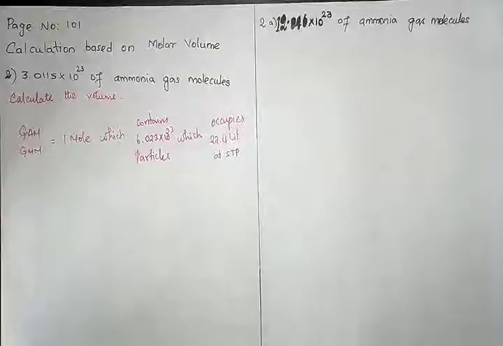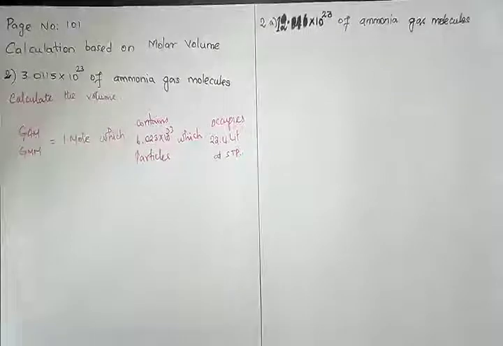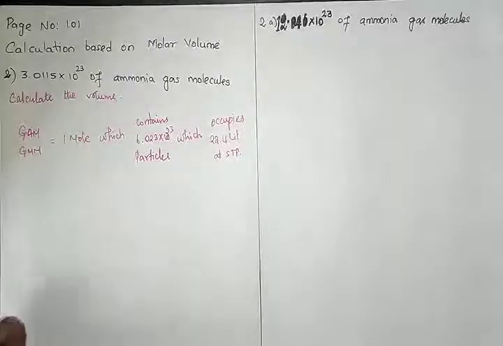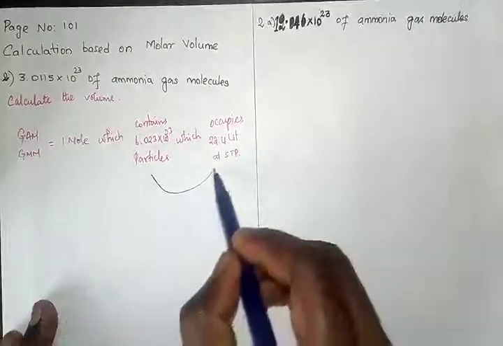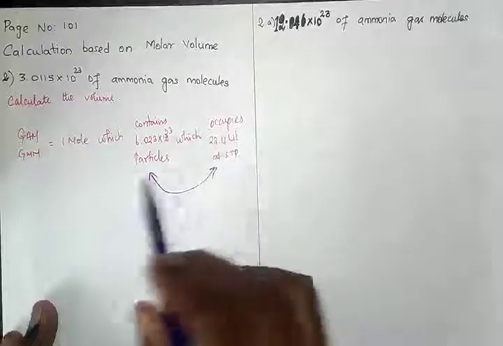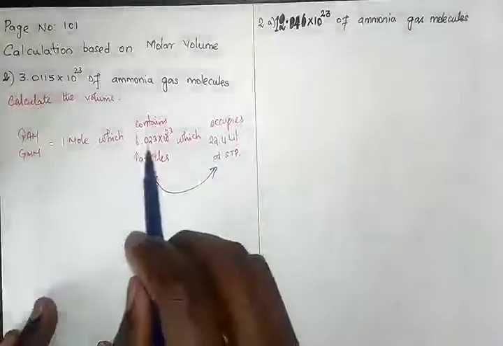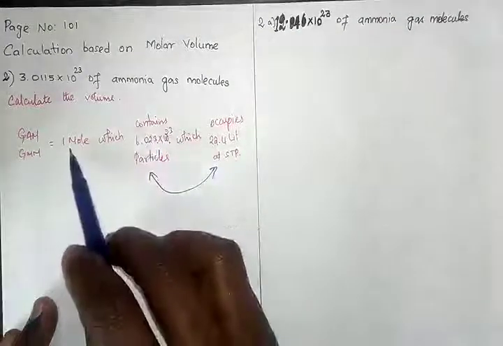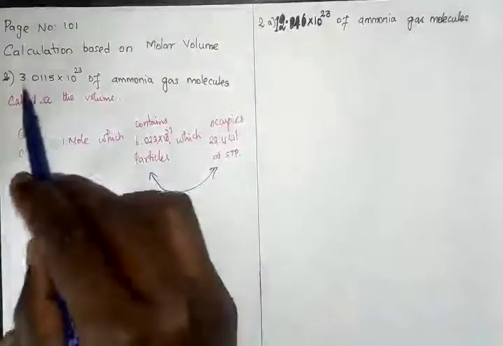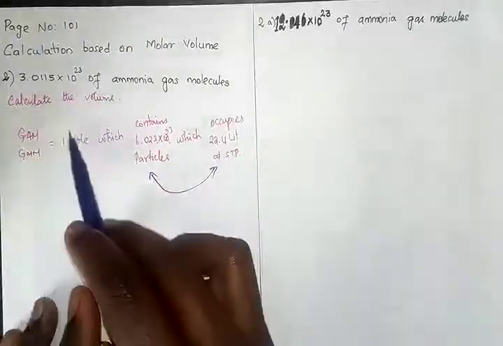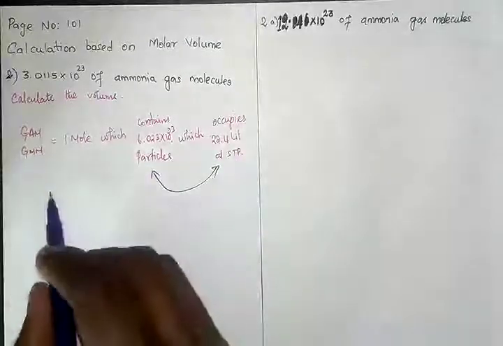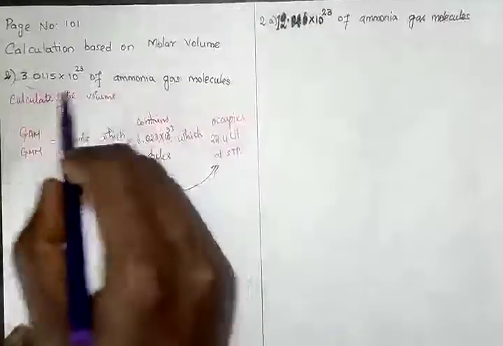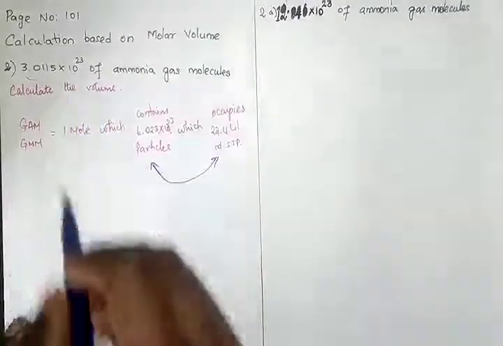So from this, how do we calculate the volume we will see. Now relate this number of particles and these two we want to relate. So we know that 6.023 in 10 to the power 23 is 1 mole, which occupies this. So whatever the given data, if we convert into moles, converting into volume will be very simple. So what we are going to do is, we are going to convert this number of particles into moles.